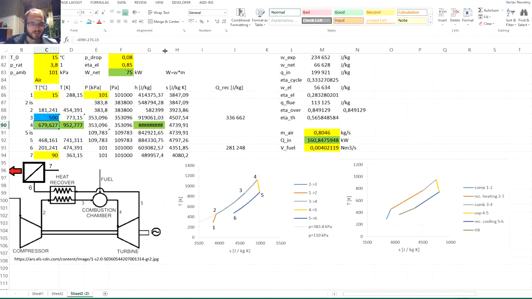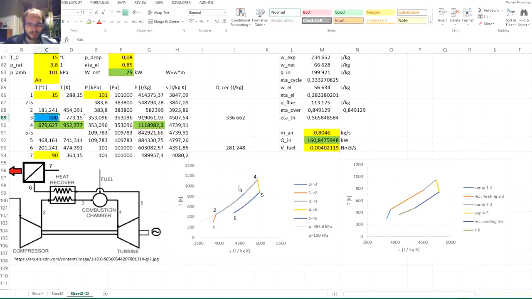Let me just fix some formats. So yes, the calculation is working, but we will need to iterate this value. And how?